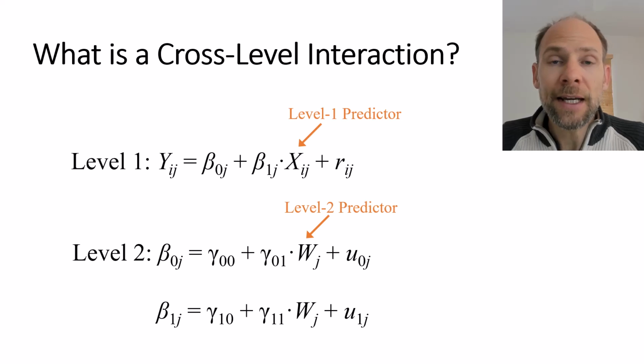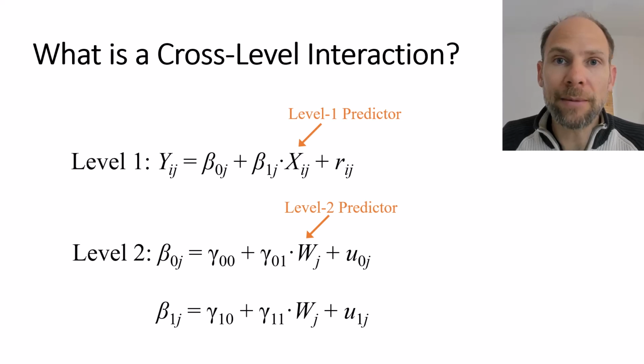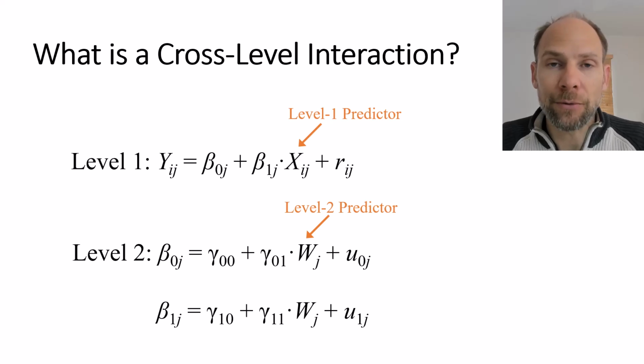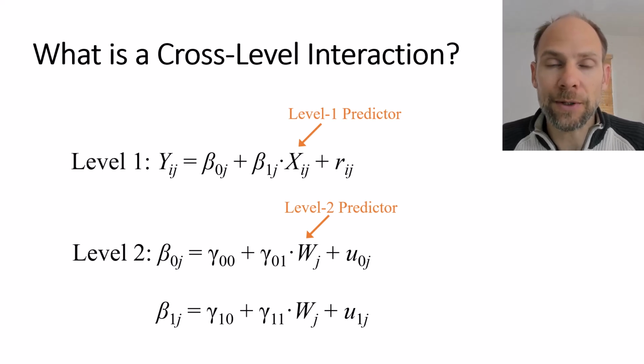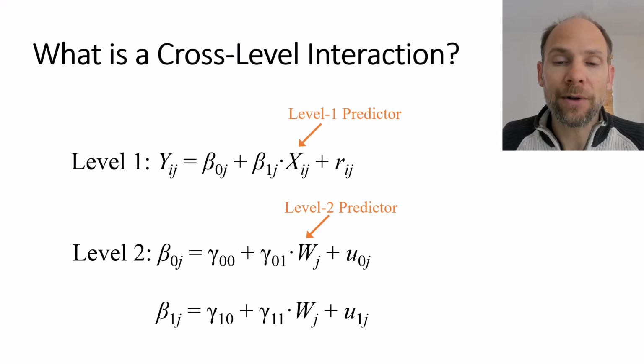And so here in this example, we have a random intercept and random slopes as outcomes model, so to say, at level 2. So both the random intercept and the random slope are predicted by W. So we are trying to explain differences in both the intercept across school classes and the slopes across school classes with our level 2 predictor here.